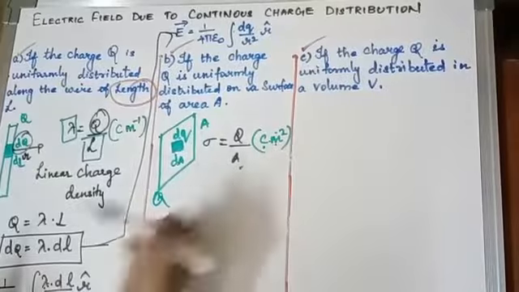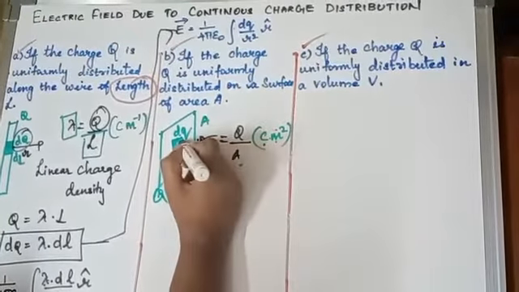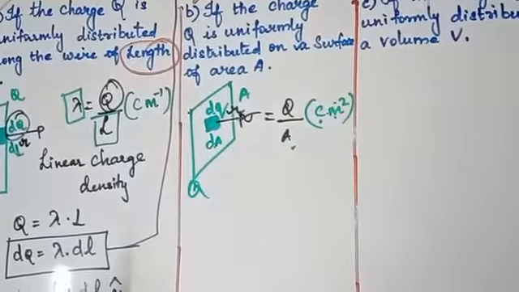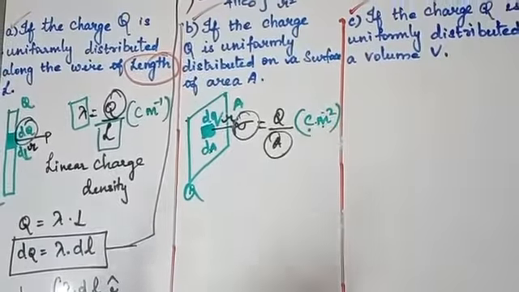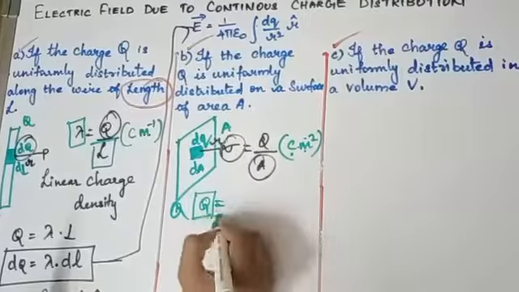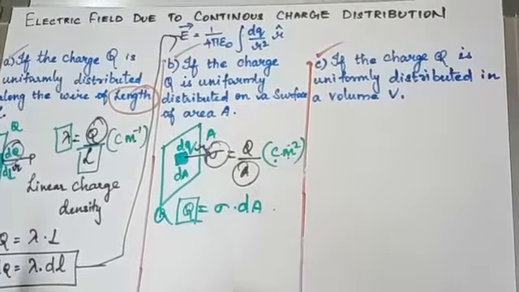Now let us consider a point P which is away from the surface, and the distance between the charge and the point is r. Now let us cross multiply these two terms. So Q is equal to sigma into dA.